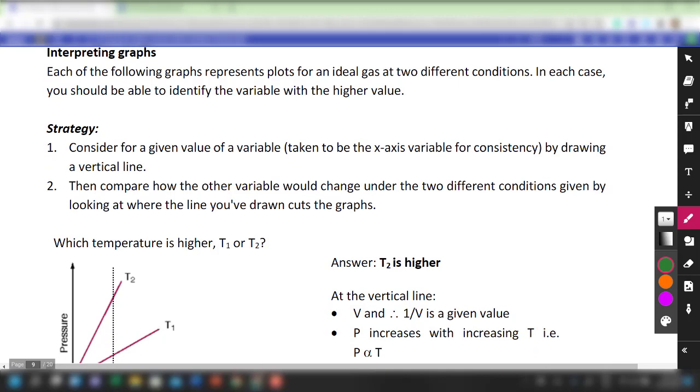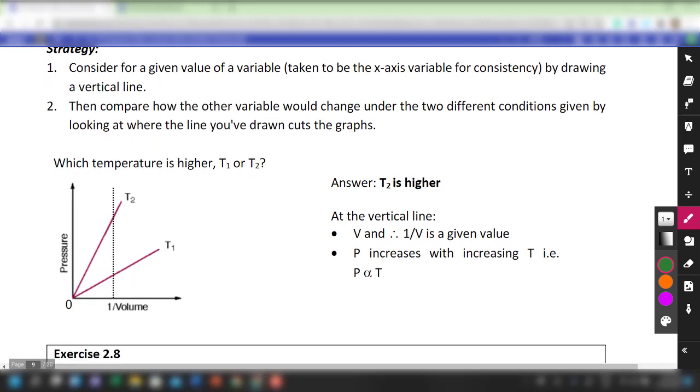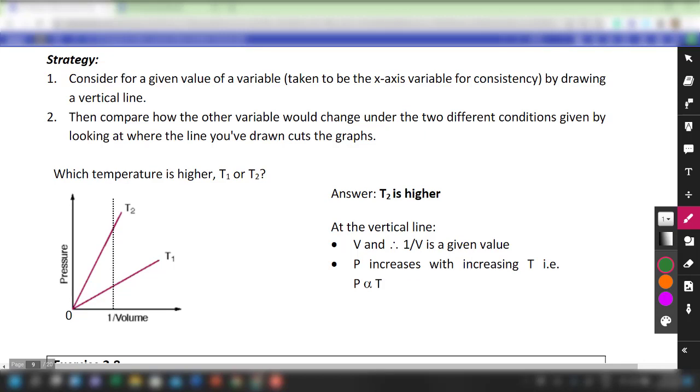Okay, so let's say for this case, which temperature is higher, T1 or T2? Again, you are plotting pressure directly against volume. So with this, you have PV = nRT, and then P = nRT × 1/V.